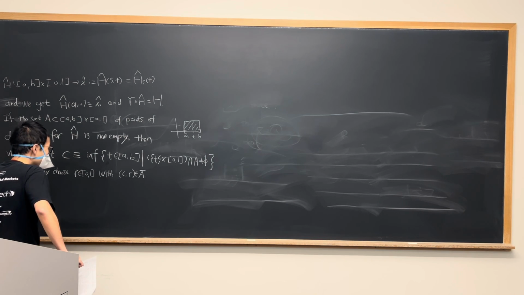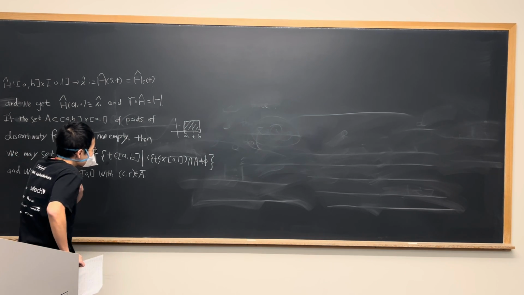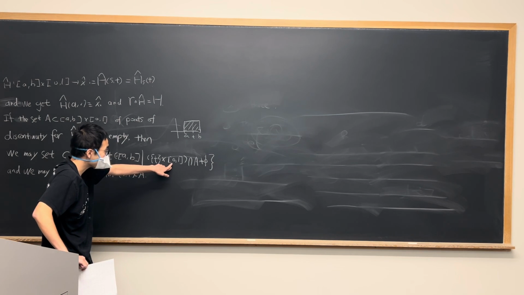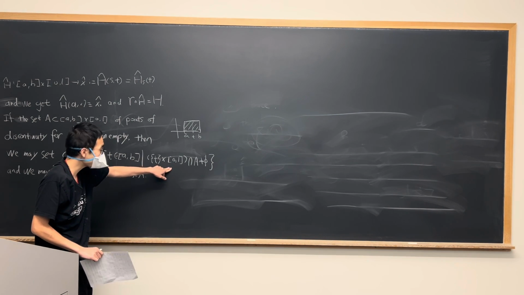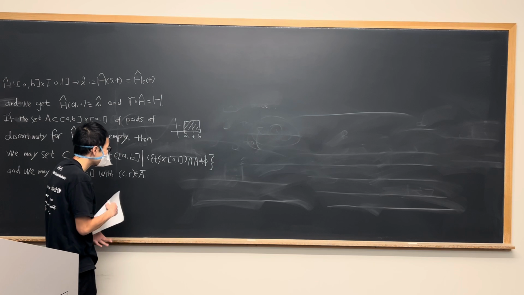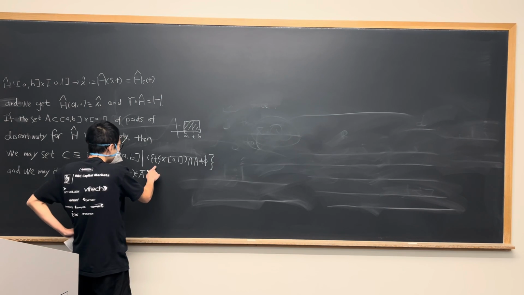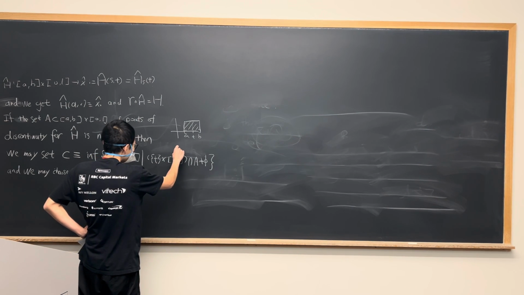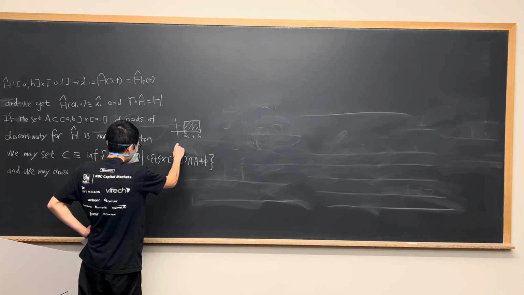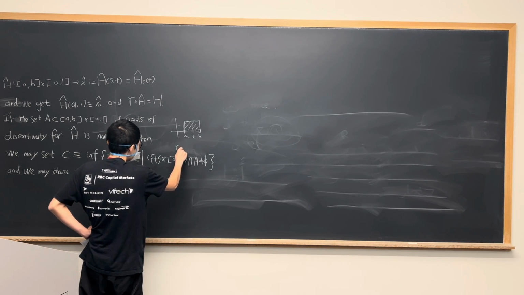Okay, I see. So the thing is that here this 0, 1 interval is a compact set, right? Basically, imagine that for each of these T, I can pick a corresponding R, which depends on the T, right?